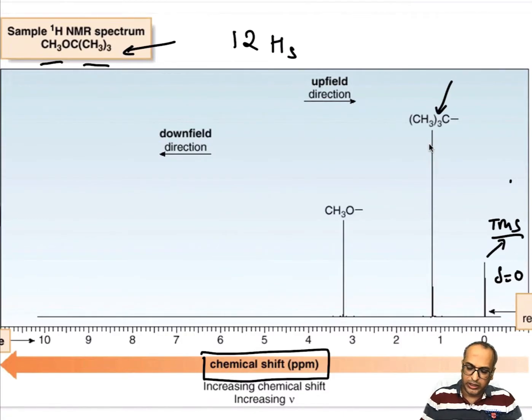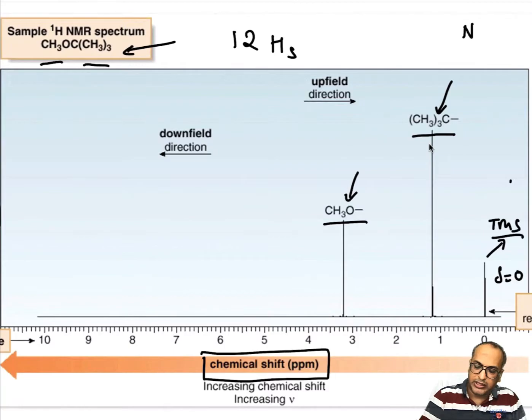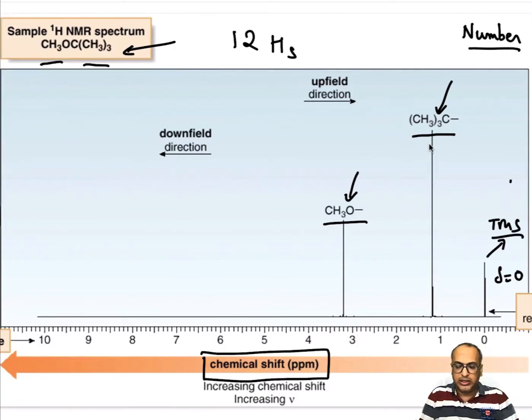One is over here, another is over here. One signal corresponds to methoxy protons, another signal corresponds to tertiary butyl protons, right? So that is one feature which is called the number of NMR signals. The number of signals is equal to the number of chemically equivalent hydrogens.